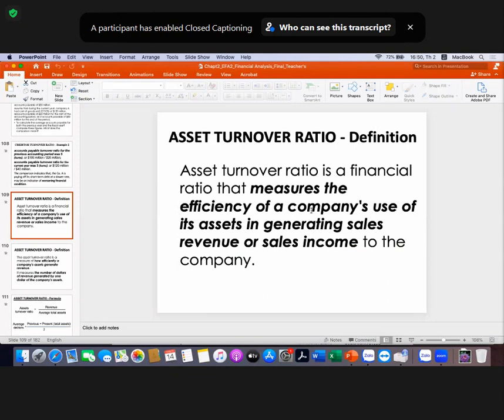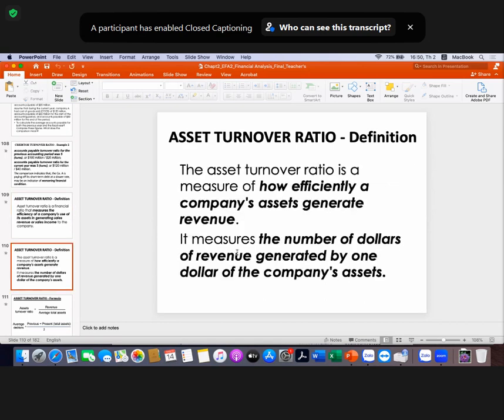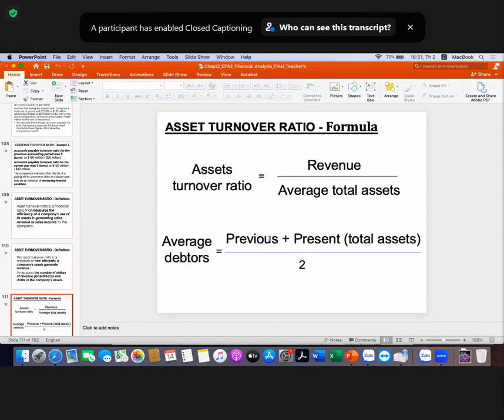Asset turnover ratio is a financial ratio that measures the efficiency of the company's use of its assets in generating sales revenue or sales income. It measures how efficiently a company's assets generate revenue, or the number of dollars of revenue generated by $1 of the company's assets. The formula is revenue divided by average total assets.